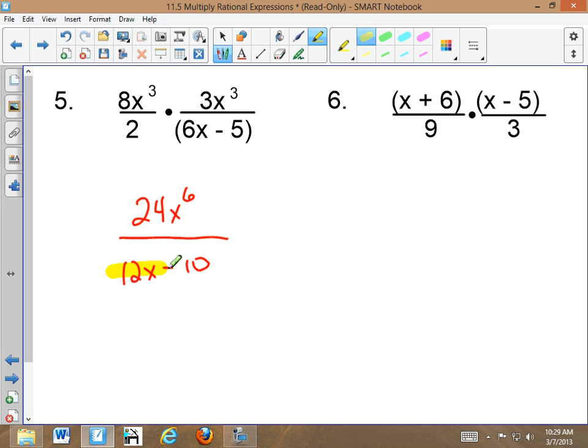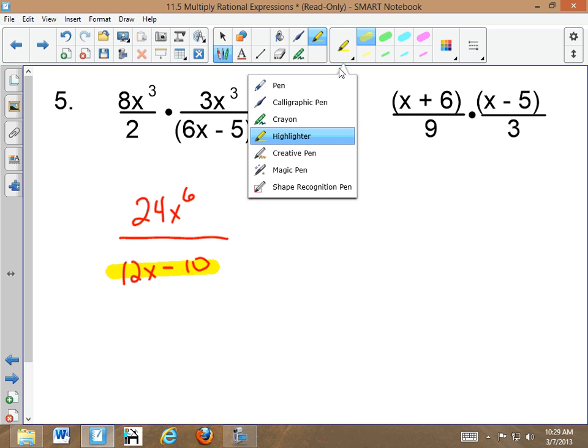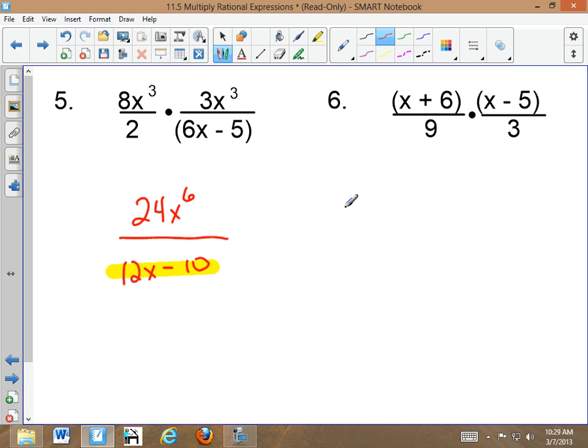Because the 24 is in a subtraction problem. Let me see if this helps to make sense of this. If I have 24 over 12 minus 10. So if I cancel out my 24s, that means that this fraction should be 1 over negative 10. Let's see if that's true. That's not true.